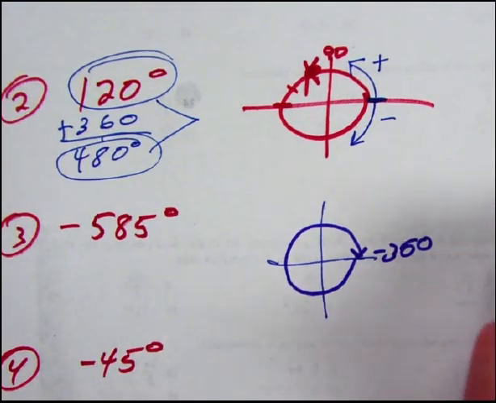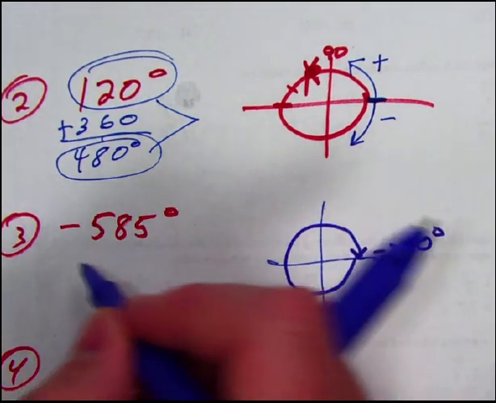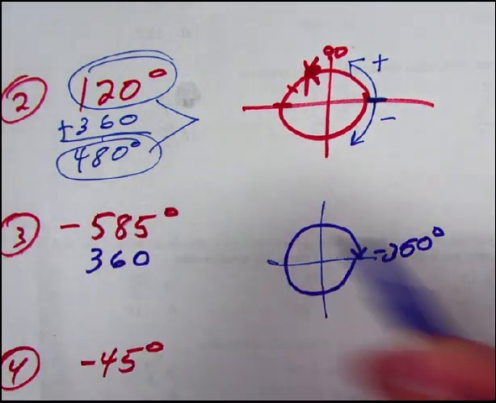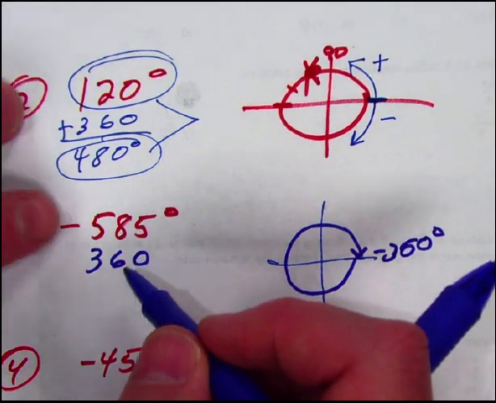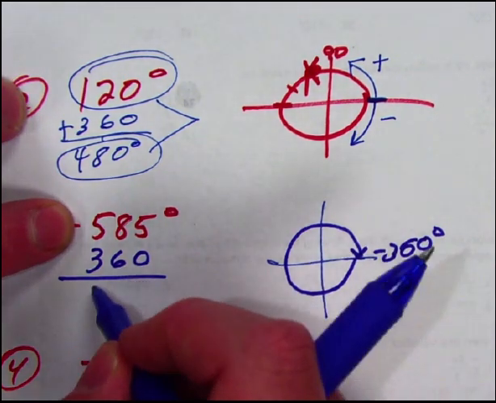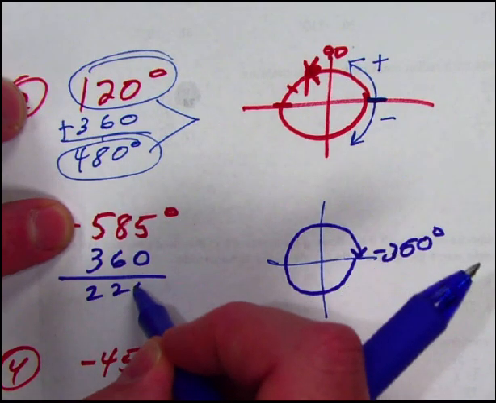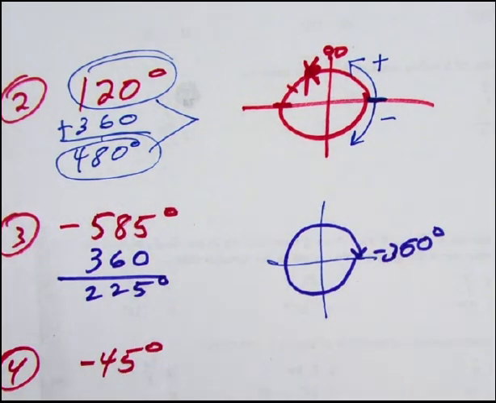If I've gone negative 360, basically you can add that back on or you can subtract it from the absolute value of that quantity. You're going to get 225. So 225 and negative 585 are at the same location. So that's something we should be aware of.